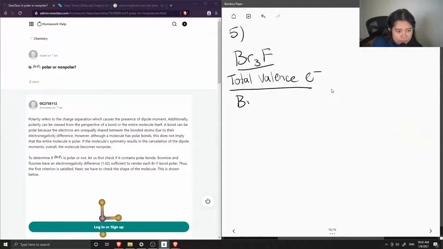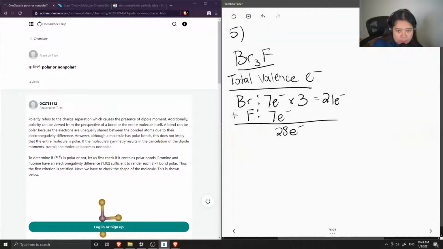So bromine has 7 valence electrons, and there is 1 bromine atom. And for fluorine, there are also 7 valence electrons, with 3 fluorine atoms. So if we add this up, we get 28.